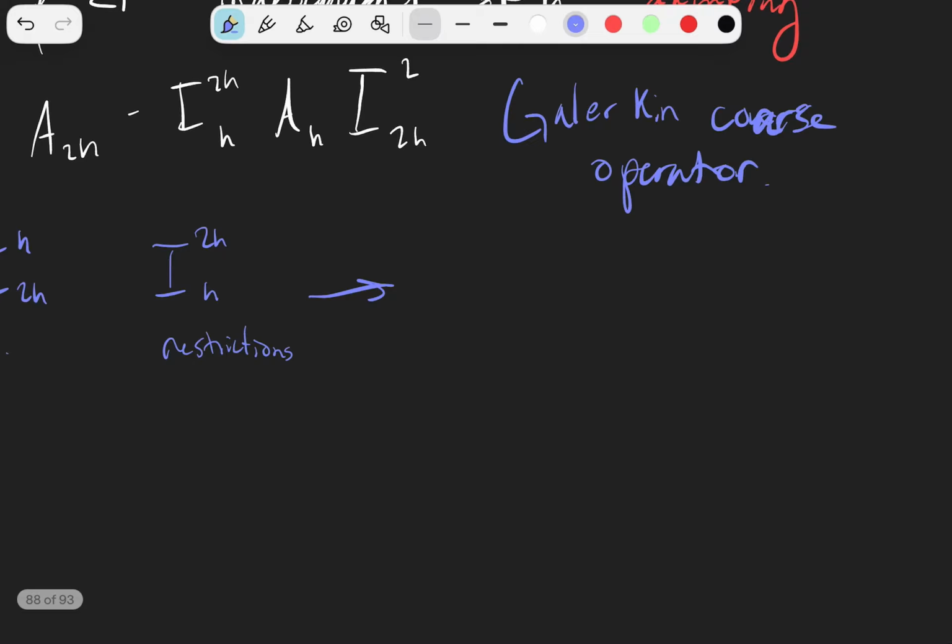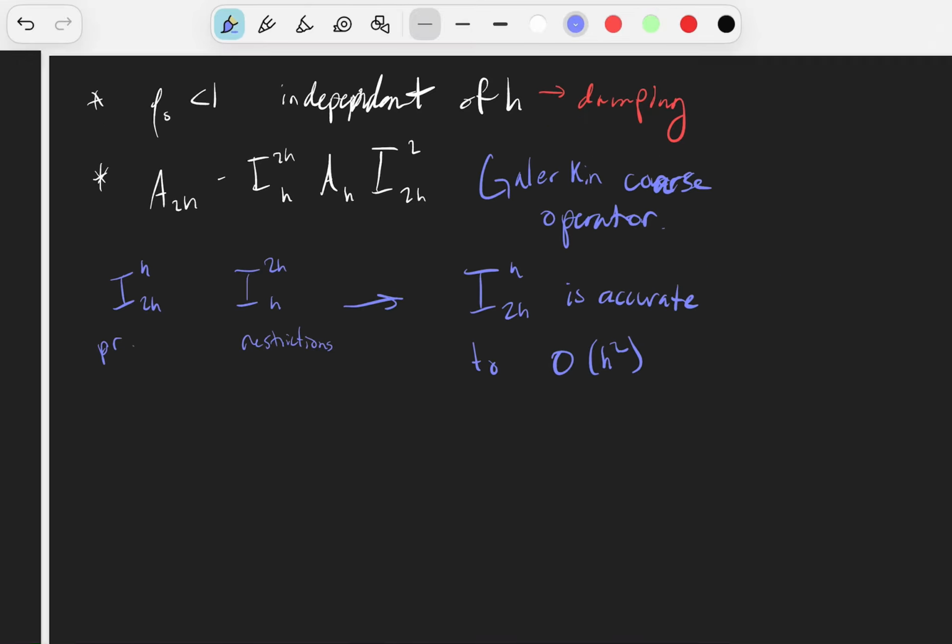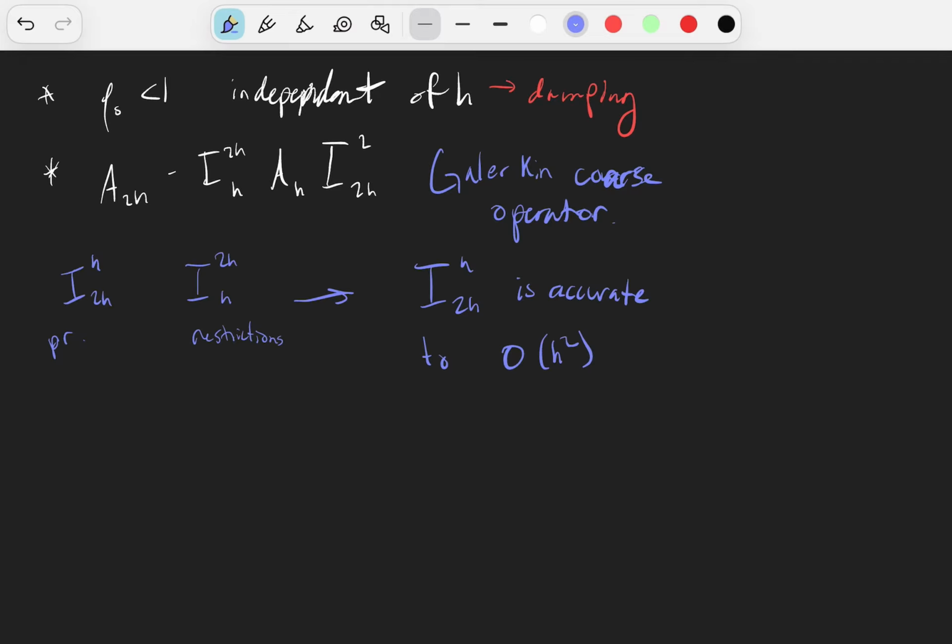That just means the prolongation is accurate to order h squared. So it's accurate to the order of which the grid is itself squared, if that makes any sense. That's the computational complexity that's required for how accurate we are.